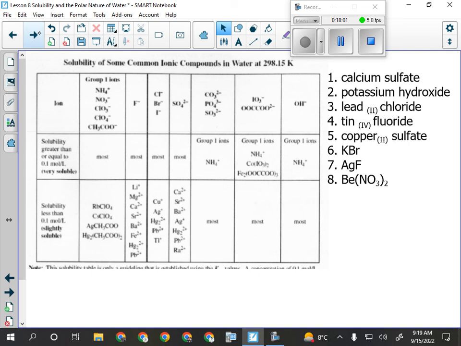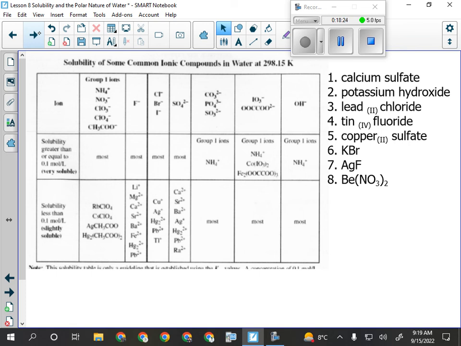So as an example, let's say I've got copper sulfate. Actually, sorry, copper sulfate's on there. Let's go with silver chloride. Let's say I put it in water and I want to know if it's going to dissolve or not.